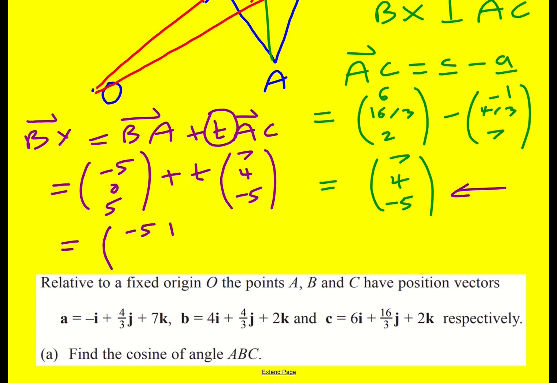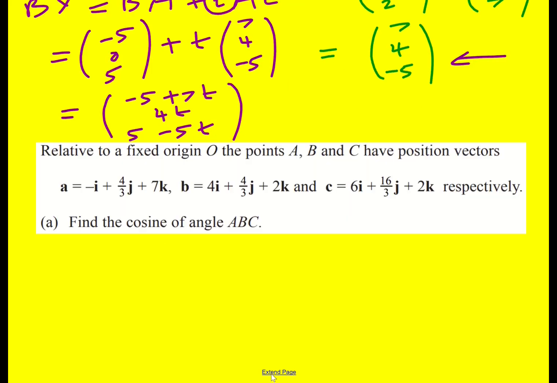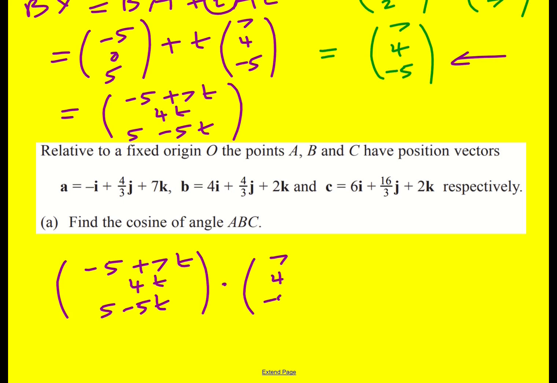So that would be minus 5 plus 7, 4t, and 5 minus 5t. Now we can dot product them and set them equal to 0, since they are perpendicular.